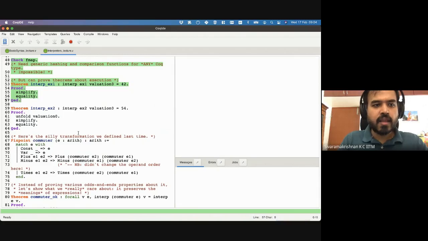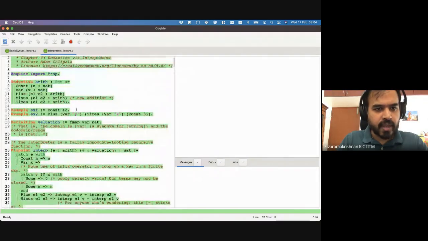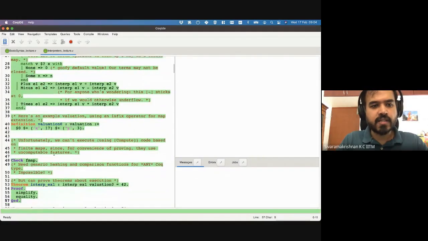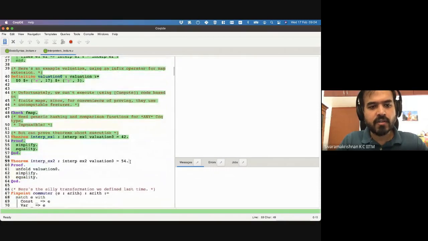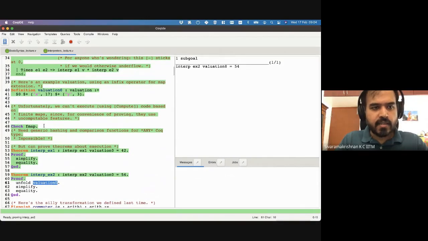And similarly, you can also do the second one, which is y plus x times 3, right? Because x is 17, 17 times 3 is 51, plus 3 is 54. So that is what we are showing here. So valuation 0 is just a definition. So we unfold the definition.